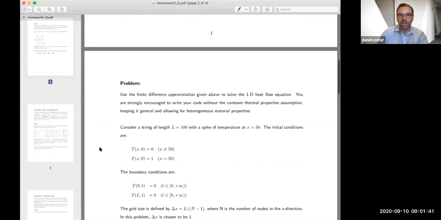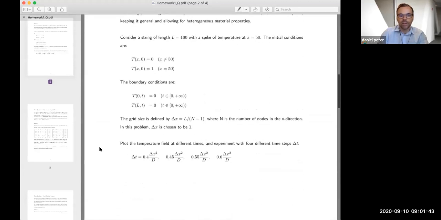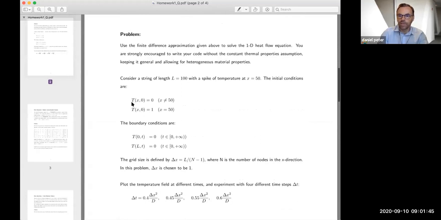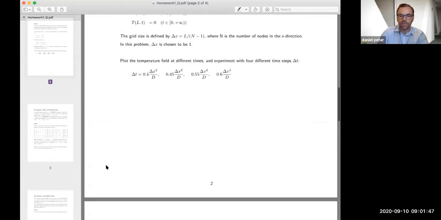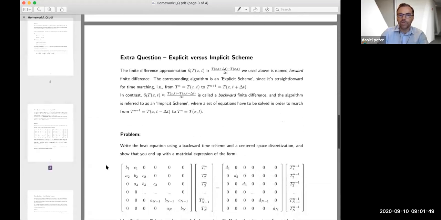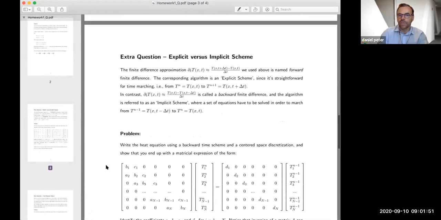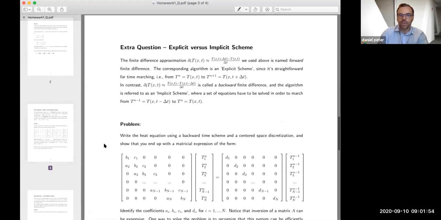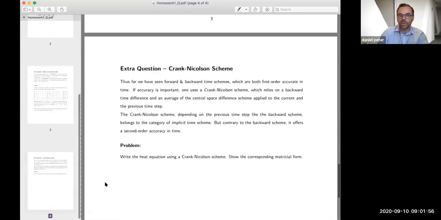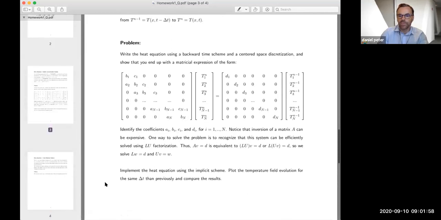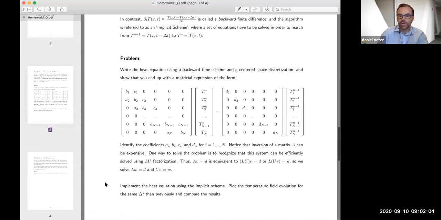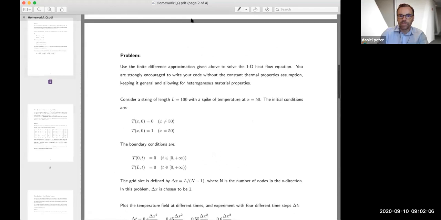So try by next Thursday to have at least this first one solved. If you want, you can go on with the extra questions. Try to look at an implicit scheme and the Crank-Nicolson scheme. Good. That's it.